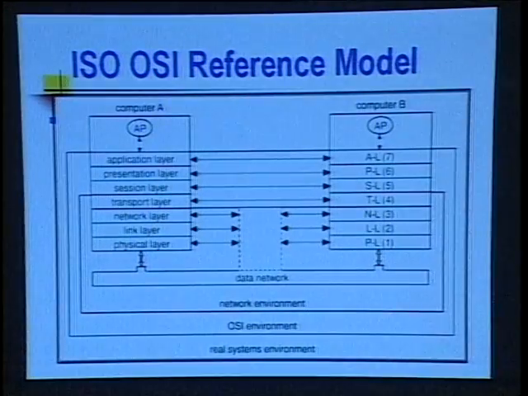Now we'll discuss the OSI reference model in some more detail. The OSI reference model, as we see in this diagram, provides us a layered architecture. It starts from the physical layer, layer 1, data link layer, network layer, transport layer, session layer, presentation layer, and application layer.